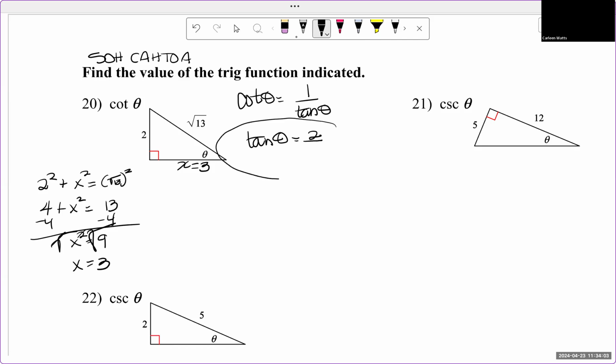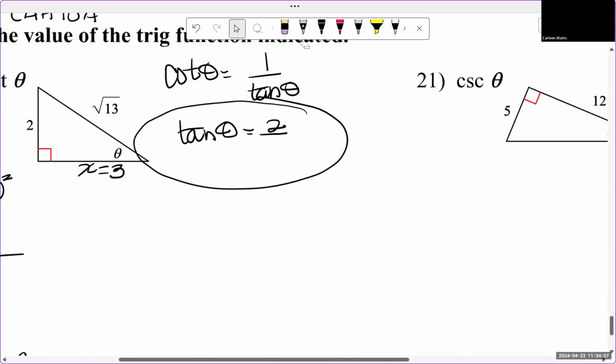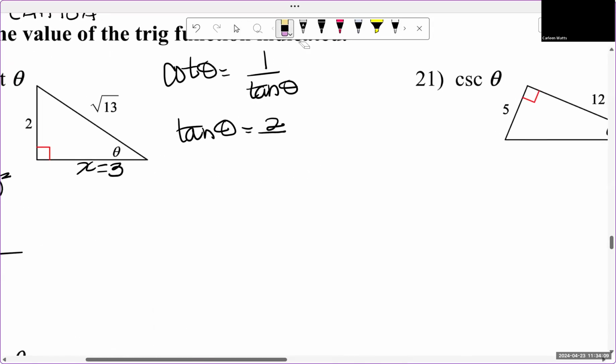Okay. What do we need to do? Back to here. Okay. Tangent is opposite over adjacent. Find the inverse. Oh, wait, oh my gosh, what am I doing?